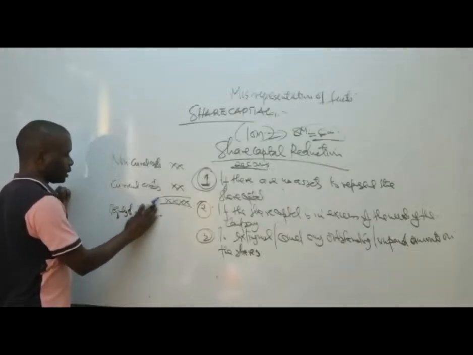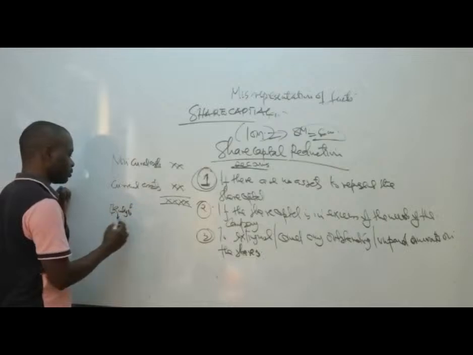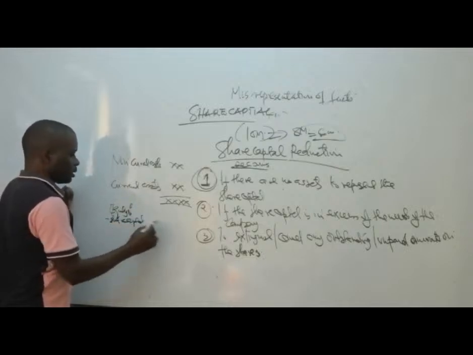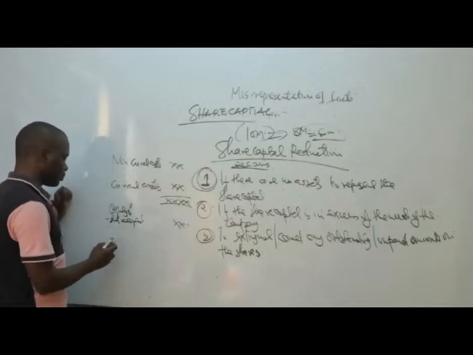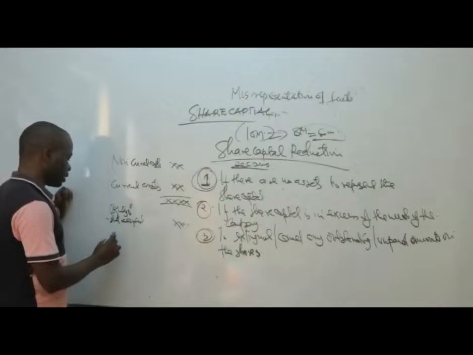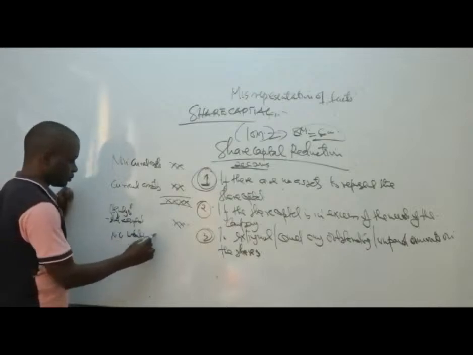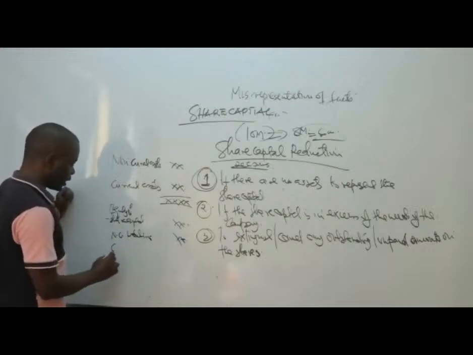So we have equity here. Share capital will be part of the equity. Then we'll have here non-current liabilities. Then we'll have the current liabilities.